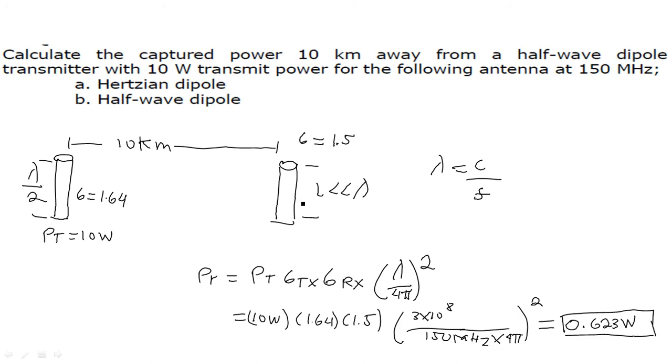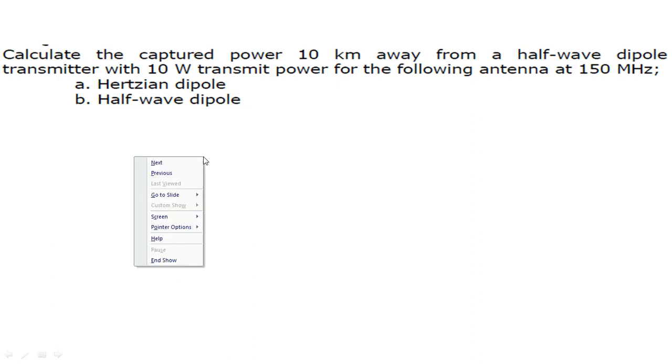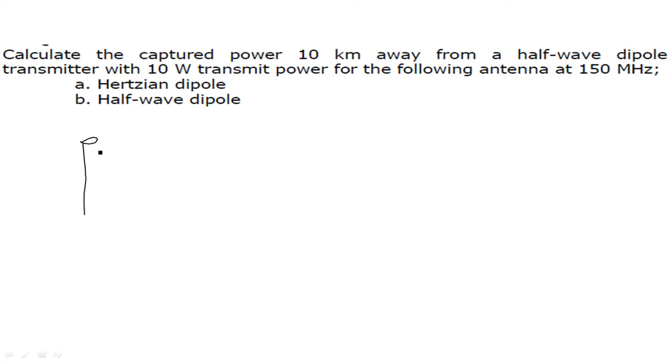Okay, so for letter B, i-erase natin para makapagsulat tayo doon sa susunod. So for half-wave dipole, parehas half-wave dipole yung transmitter and receiver antenna natin. So 10 km, may transmit power na 10 watts, merong gain na 1.64 parehas.